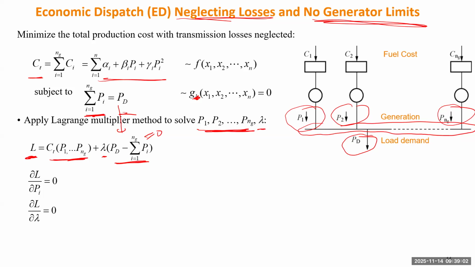Let's see the first type. So partial L, partial P, which is equal to partial C, partial P plus partial of the second term, partial P. And the second term, there is only one term having that P. So basically the second term becomes negative lambda.